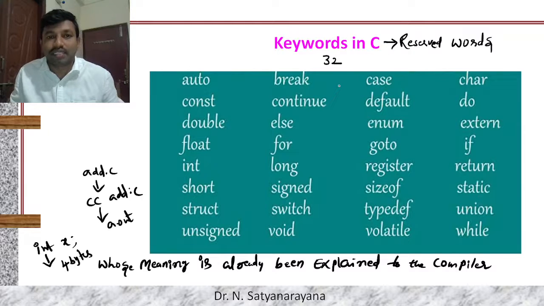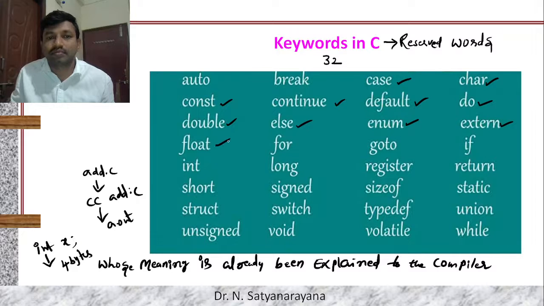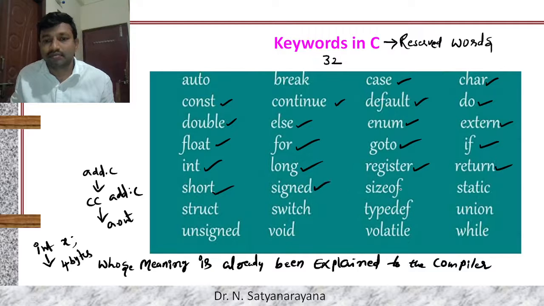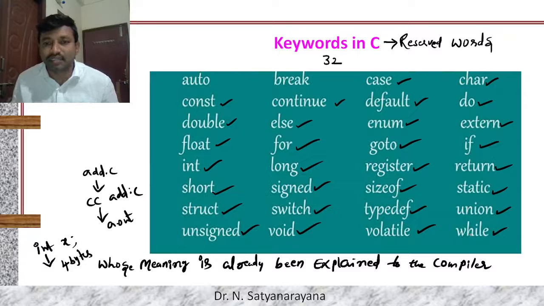These keywords are listed here, you can see on screen: auto, break, case, char, const, continue, default, do, double, else, enum, extern, float, for, goto, if, int, long, register, return, short, signed, sizeof, static, struct, switch, typedef, union, unsigned, void, volatile, while. These are the 32 keywords.